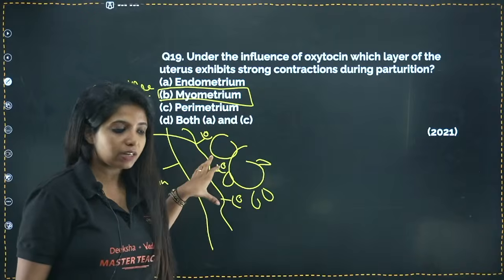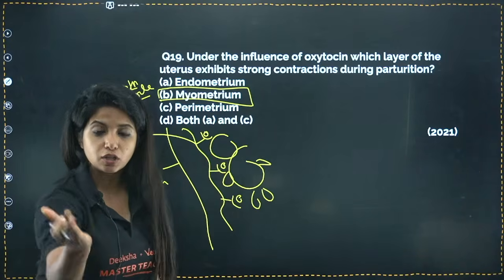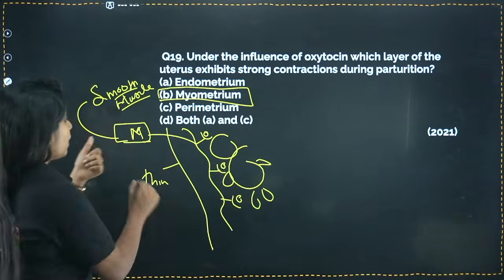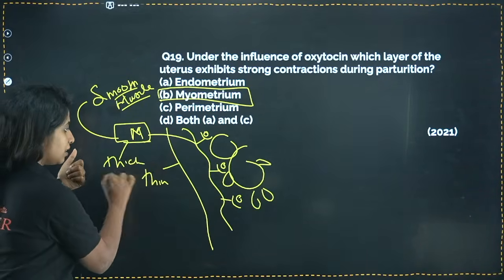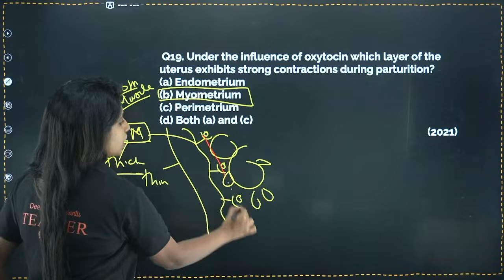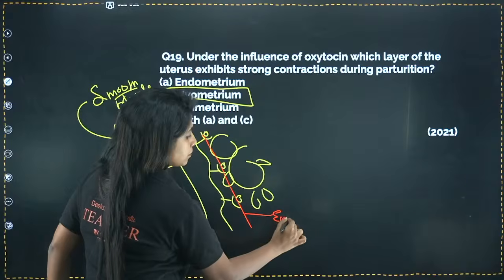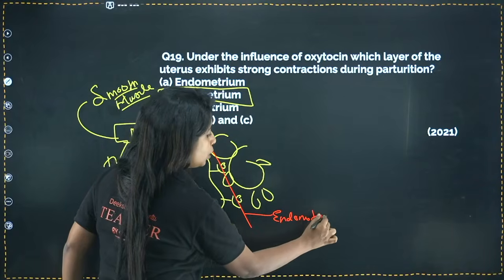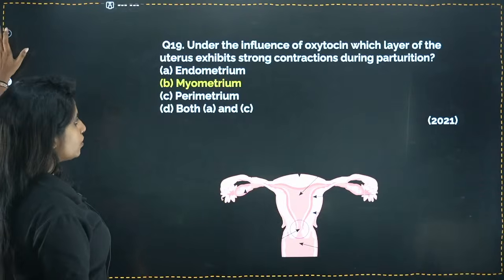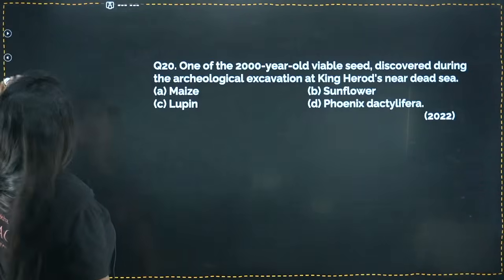When this hormone comes and attaches, basically it says that hey, fast, myometrium, contract, relax. That is how it goes. So myometrium is a thick muscular layer that you have, and inside that one more layer is there. What is that layer? Endometrium. And endometrium is the glandular layer that you have. So over here your only answer is going to be B. So you guys are absolutely correct.